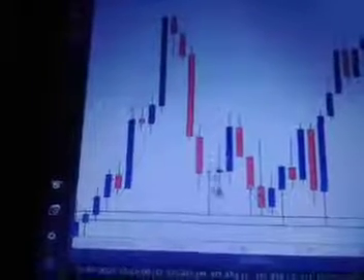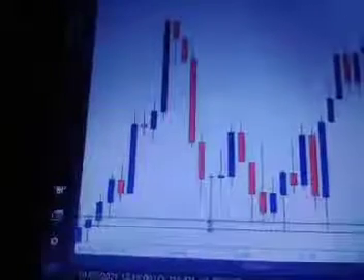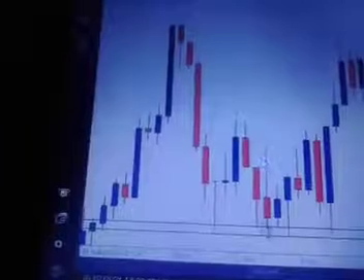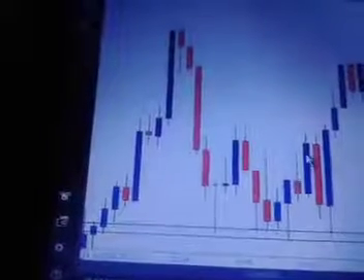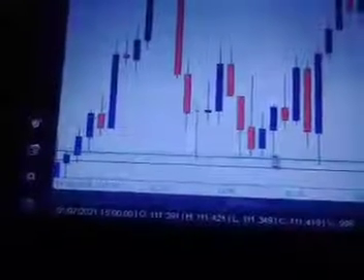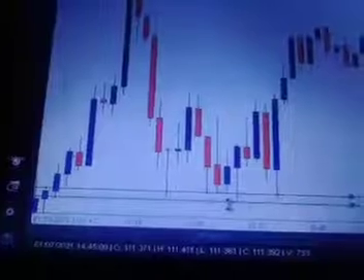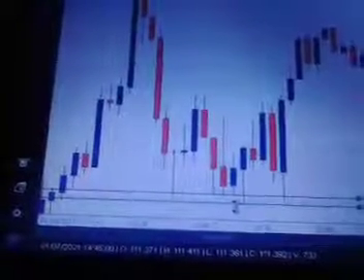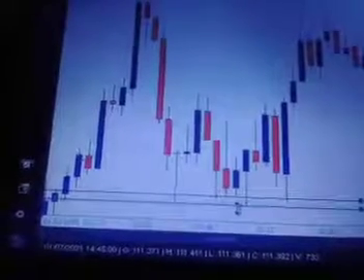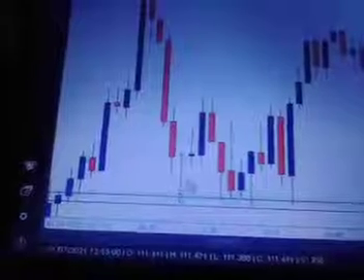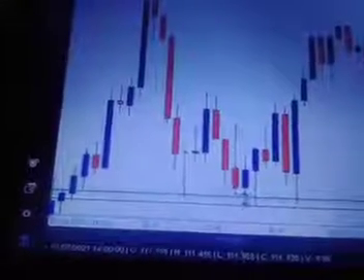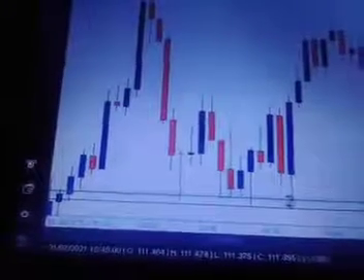So the market came into this zone, tested once, went up, came back, tested twice, went up, tested three times. When the market came here for the third time, you can enter if you expect the market to go up. But you can see the market here tested once, two times, three times, four times, five times, six times.